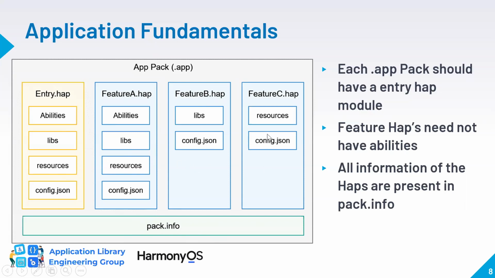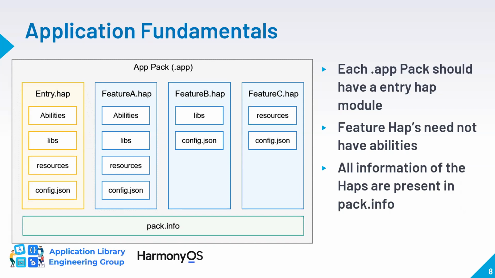Okay. So this is how your application that you develop in DevECO Studio will actually look like. So this view you should have when you actually get into development of applications in HarmonyOS.